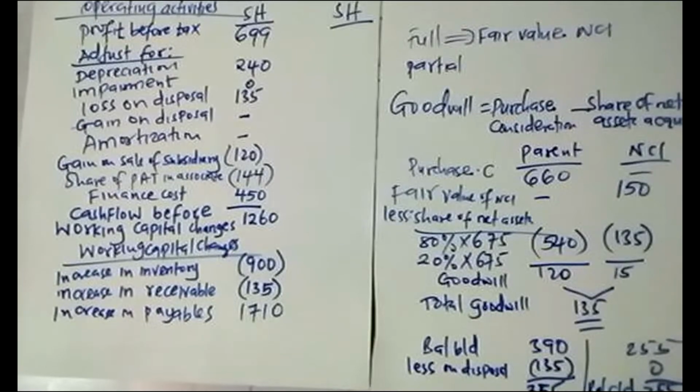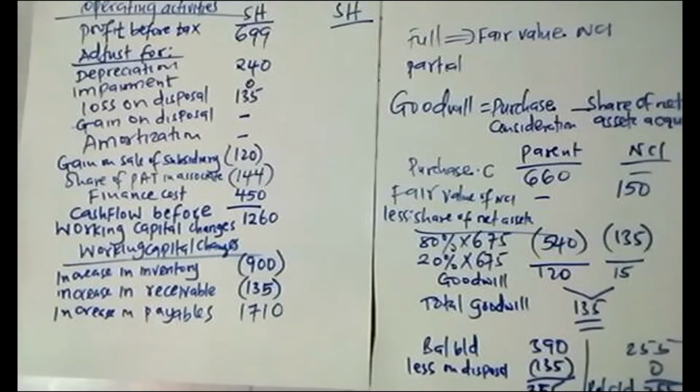So you do the relevant summing up from the 1260. So I take 1260 minus 900 minus 135 plus 1710.